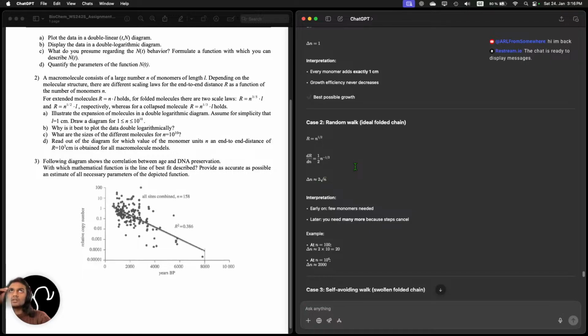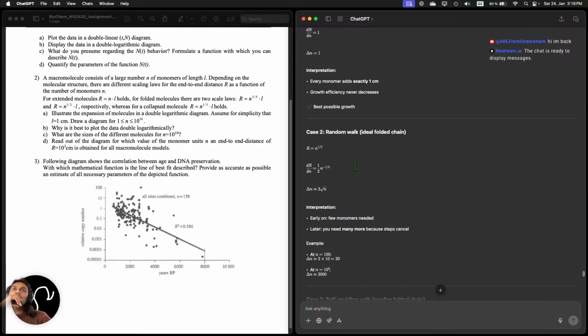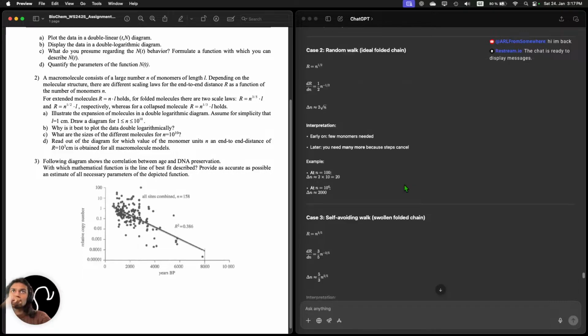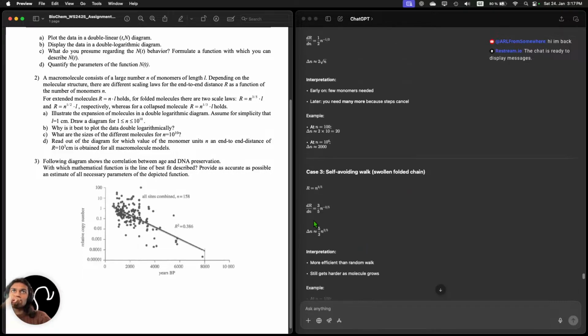So that's 2 times root n. And here it's 5 by 3 n raised to 2 by 5. Okay.